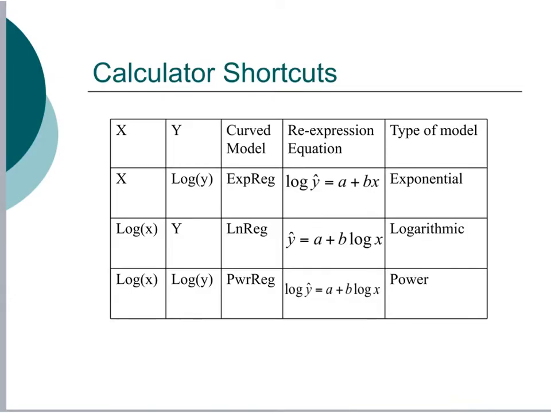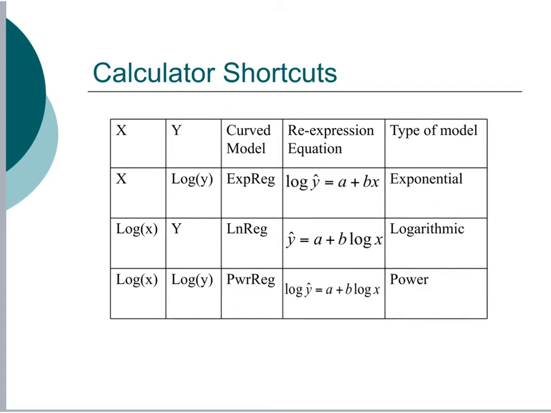So the calculator has some shortcuts where it fits a curved model, but we really don't want to be using those much. You have ln reg, exponential reg, and power reg in the calculator. And so the re-expression that would fit that would be the log of y for the exponential regression. But then what it does is it writes it as an exponential model, like a times b to the x power.